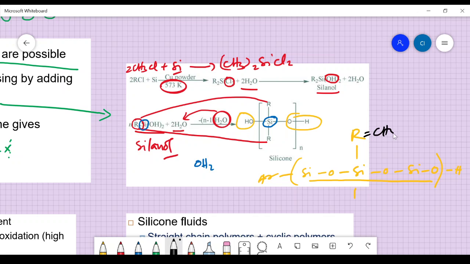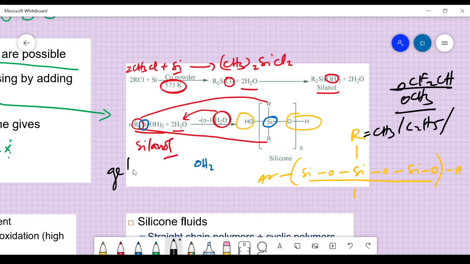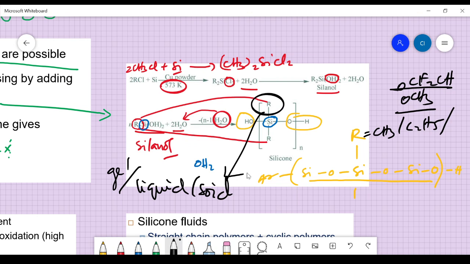You can have R equal to CH3, C2H5, etc., and even OCH3, or even OCF2CH3. It depends what properties you need, and you have to prepare and find out which one is most suitable for what kind of property. Sometimes you get gel-like substances, sometimes liquid substances, sometimes solid substances, and that depends on the R that you substitute there.